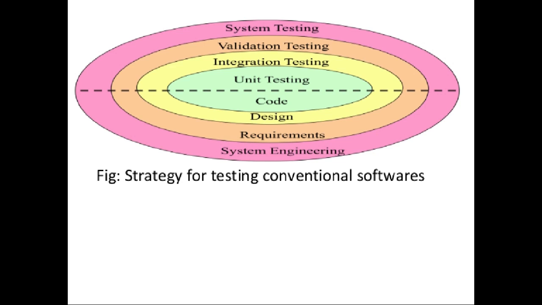In validation testing, requirements are validated against the constructed software, and in system testing, the software and other system elements are tested as a whole. That is, a narrow to broader scope of testing is performed from unit testing to system testing through unit testing, integration testing, validation testing, and system testing activities.